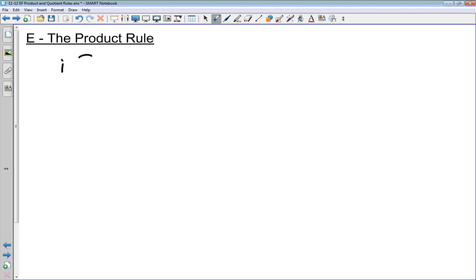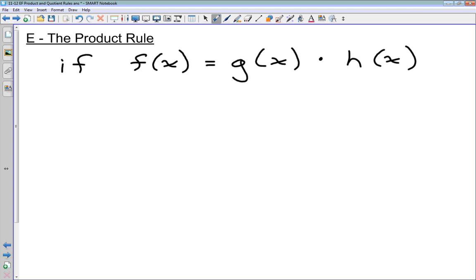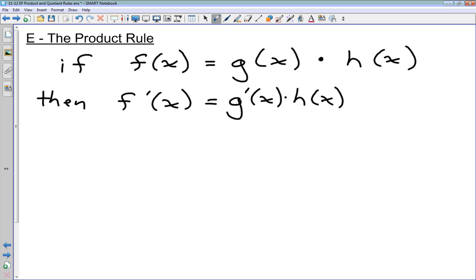The product rule says that if you've got some function, f at x, which can be thought of as being made up of two simpler functions, g at x and h at x, which are multiplied together, then to find the derivative, f primed at x, we take the derivative of the first function, g at x, and multiply it by the second function, h at x.